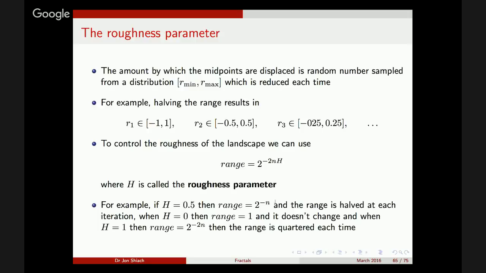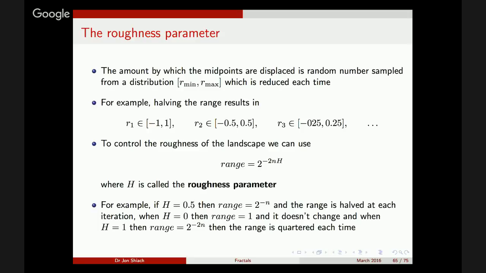If we started off with -1 plus 1, the range would be that each time, and we'd end up with just random noise. When H is equal to 1, we've got 2 to the power -2 times n, which is like 1/4 of the range each time, which results in a very smooth landscape.